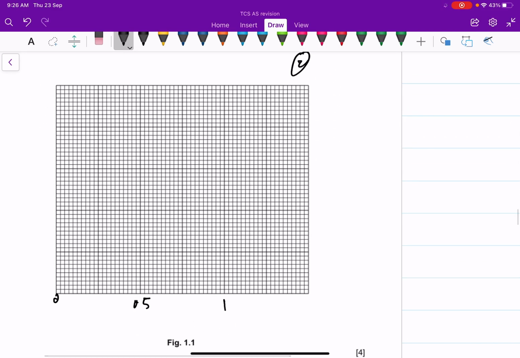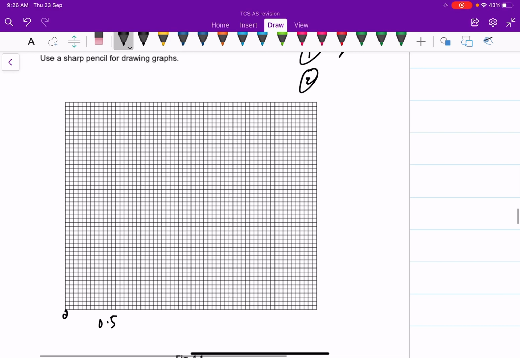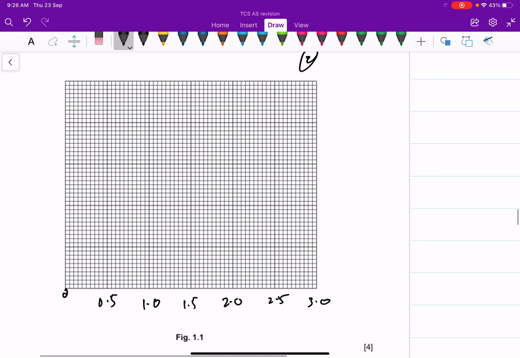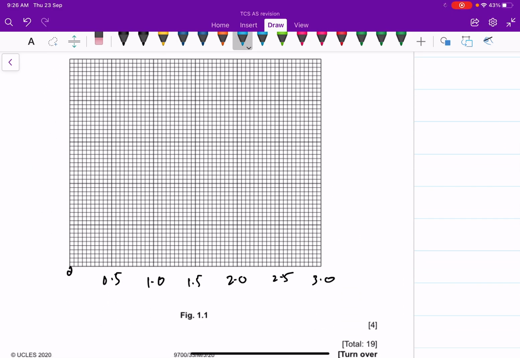It doesn't fit the whole value. So if I take 1 box equal to 0.5, so that would be 0.5, this would be 1, and then 1.5, and then 2, and then 2.5, and then 3. Yes, this is absolutely okay. And with that, you have to write the unit here. That's very important. Time, slash, hour.